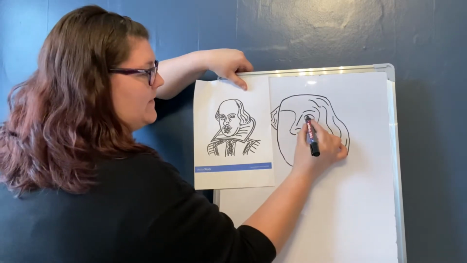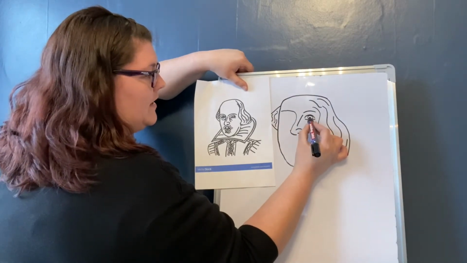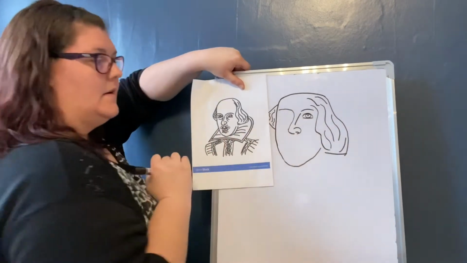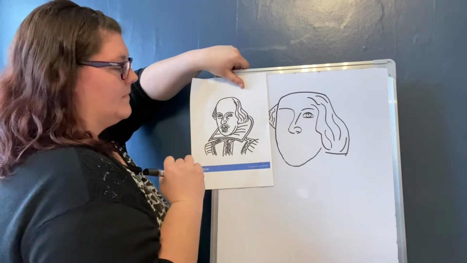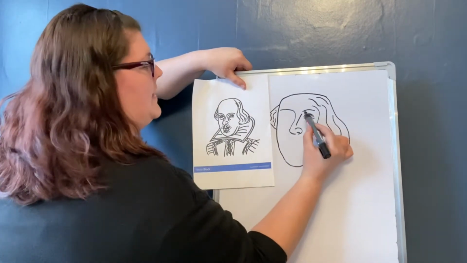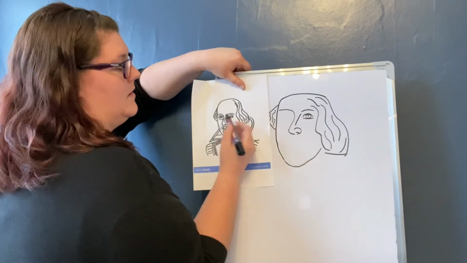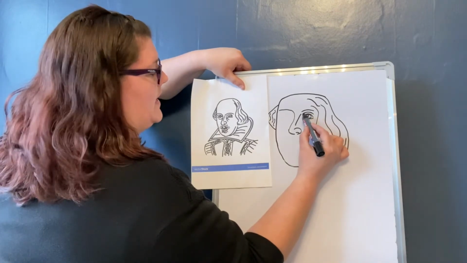And inside there, I'm going to do a circle. And then he's got a little dot in there for his pupil. And then he's got another line up here, look. Just underneath his eyebrow. So that's there.